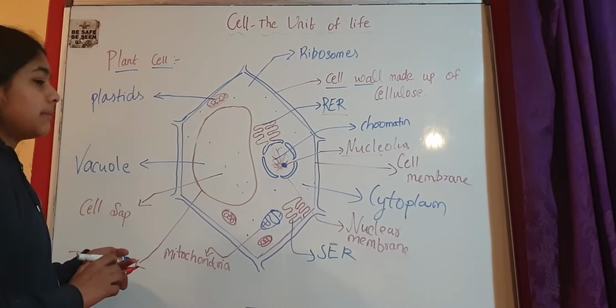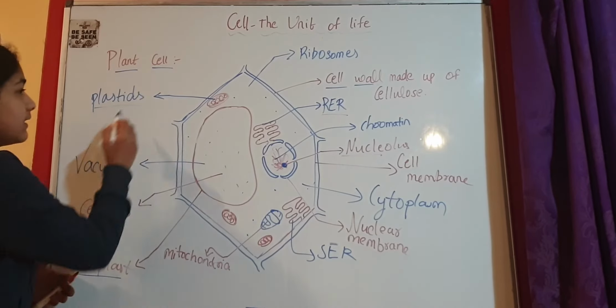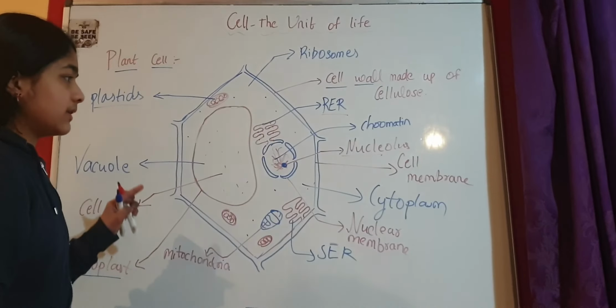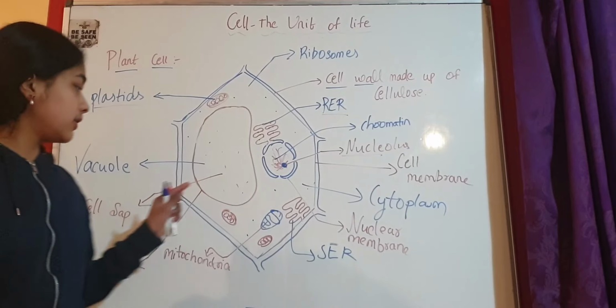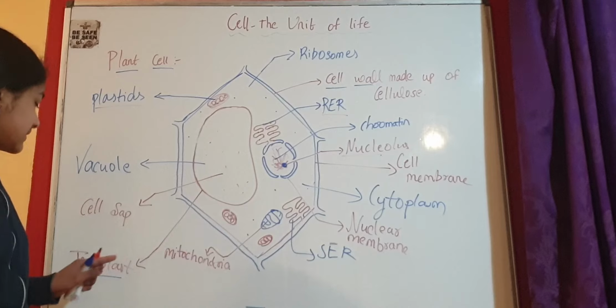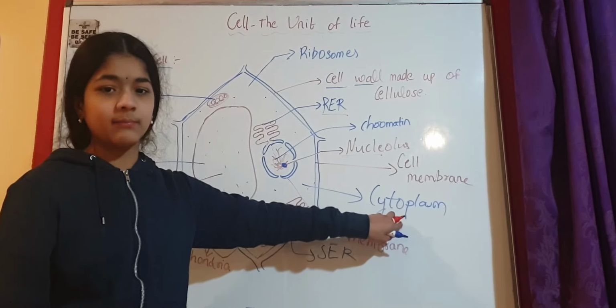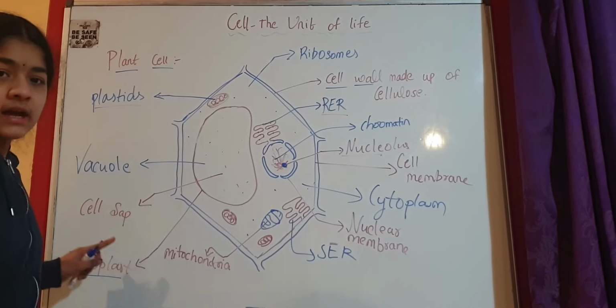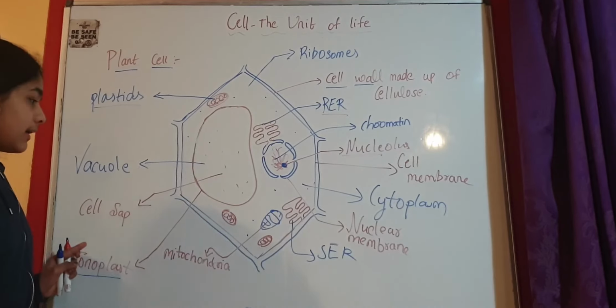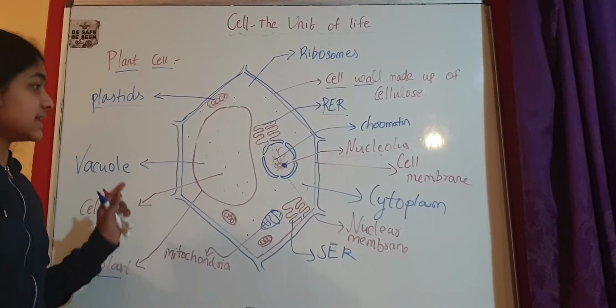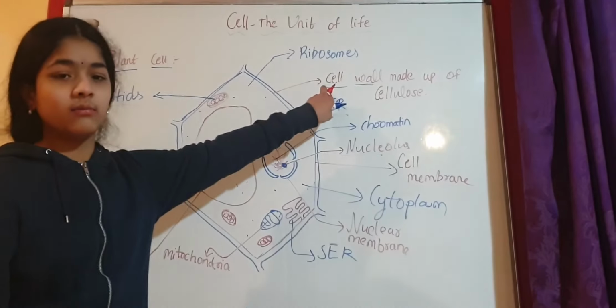So these are plastids. Again, let's see what we looked at totally. We have looked at vacuole, and we have looked at cytoplasm. Here we have cytoplasm, where chemical reactions happen. Next, cell sap, the sap in the vacuole. And we have taken a look at cell wall. So where is the cell wall? Cell wall is there.